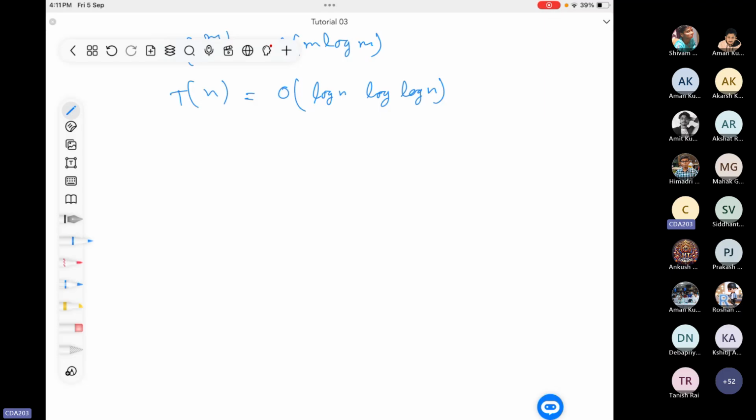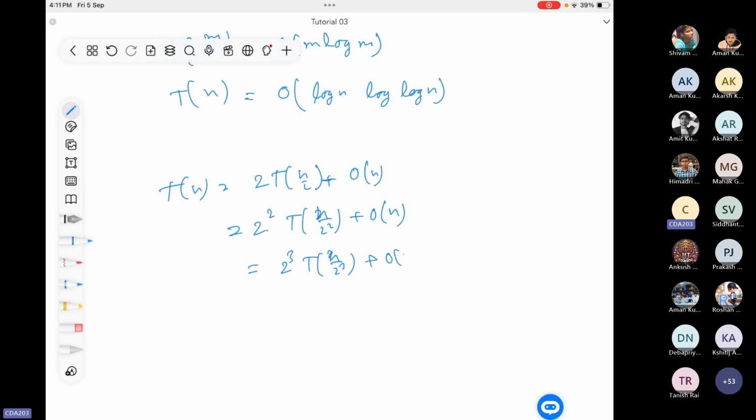If you remember correctly, the recurrence is something like T(n) equals 2T(n by 2) plus order n. And you just do it like 2 squared T(n by 2 squared) plus order n, 2 cubed T(n by 2 cubed) plus order n. I mean, order n you can write as Cn also.